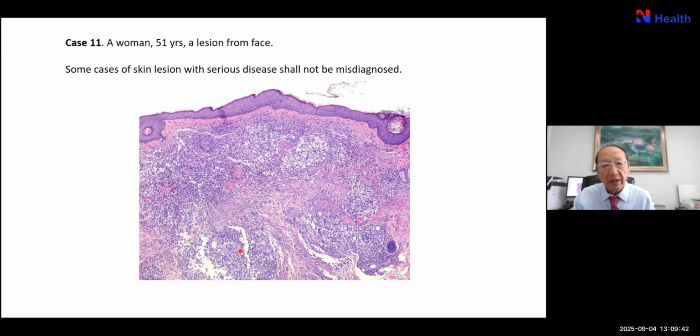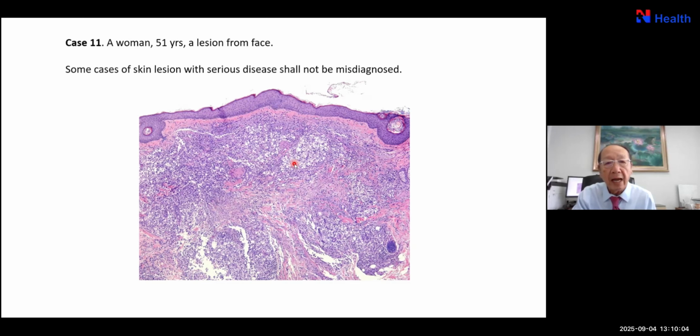There will be some areas in which the cells are closely packed with a darker color, and some with a lighter color, where the cells are vacuolated. The vacuolated cells are normally histiocytes with vacuolated cytoplasm.